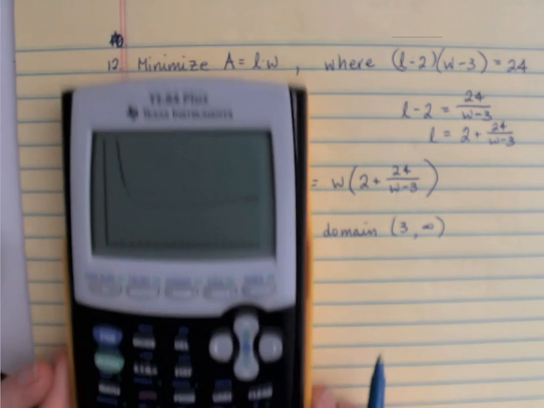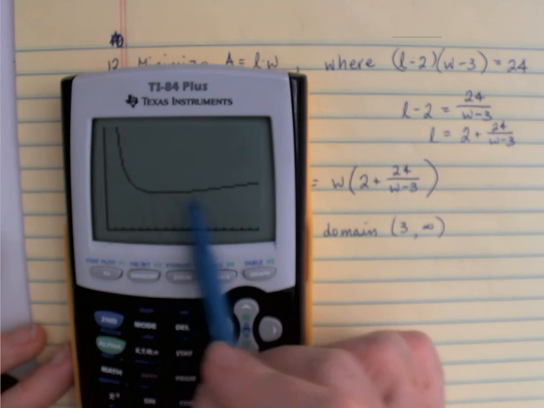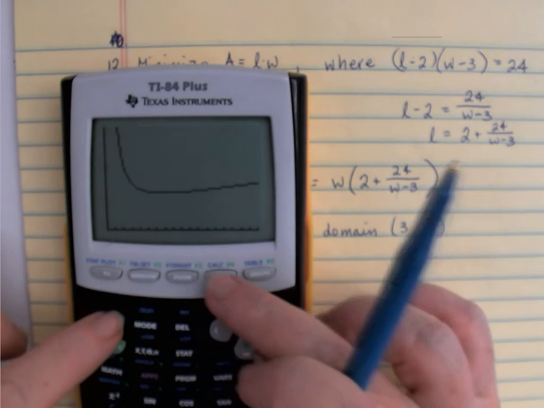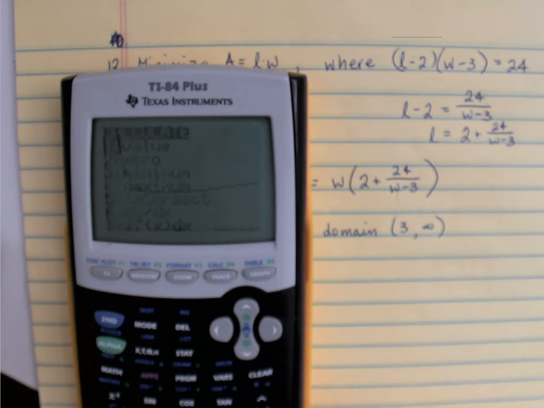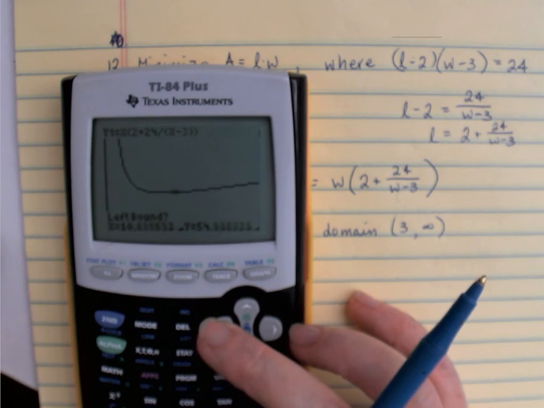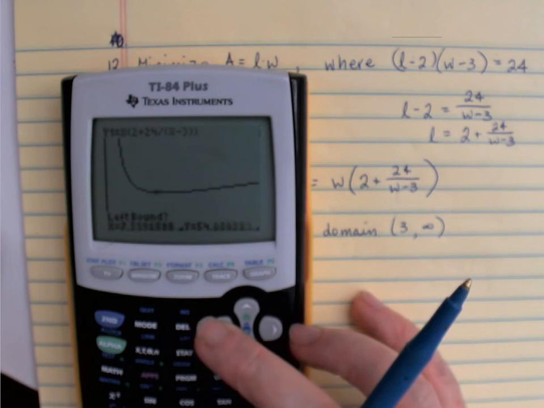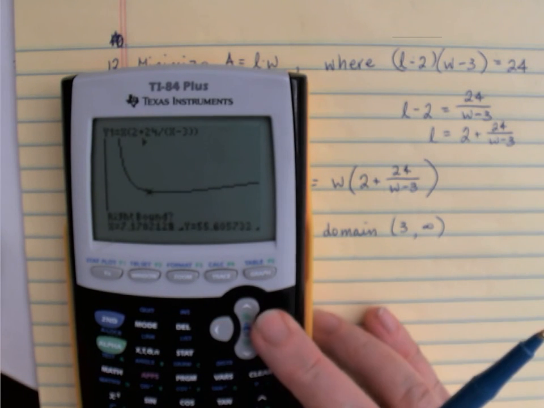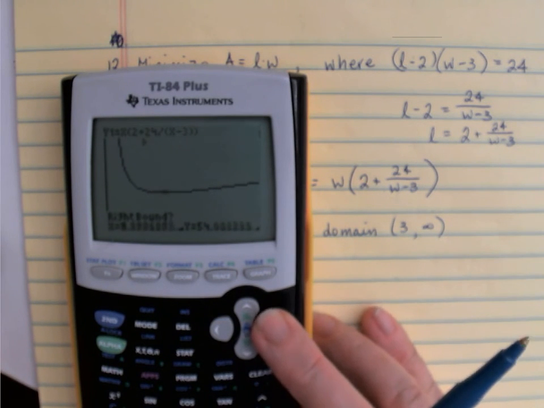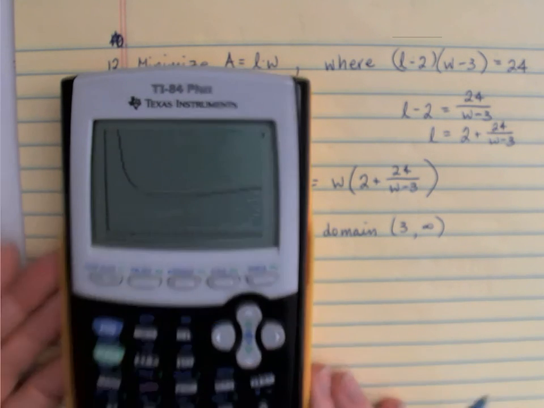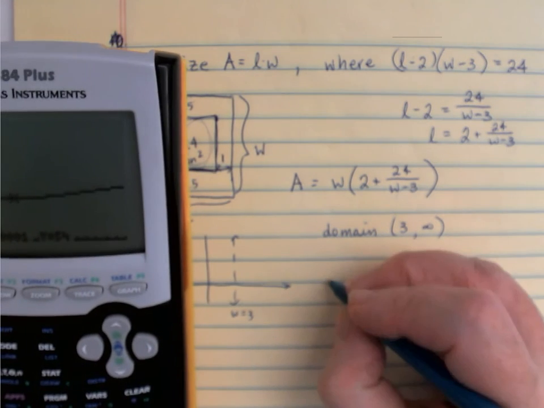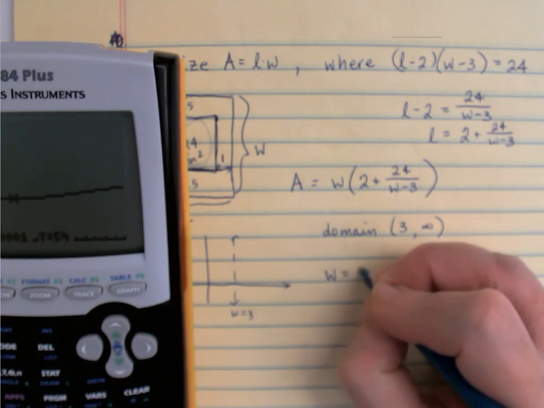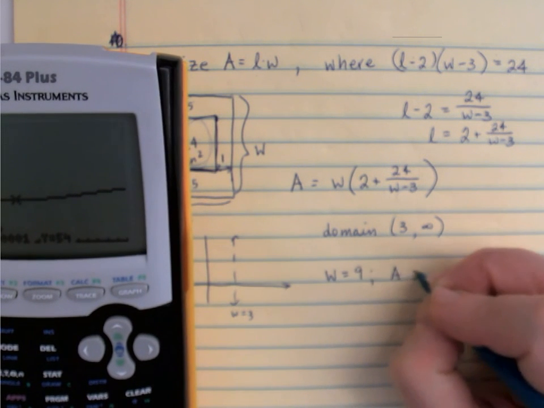Okay, and we're looking to minimize our area, so that's what I'm looking for. Again, I'm going to do second calc, minimum. I'm going to get a little to the left, a little to the right. And so you can see that the minimum is going to be at W equal to 9, and our area is 54.